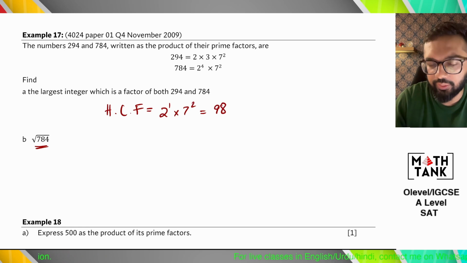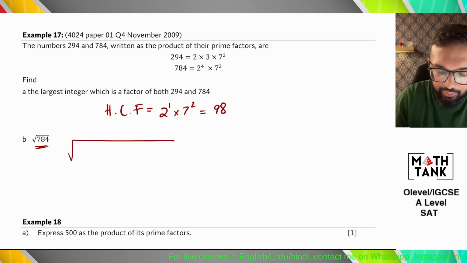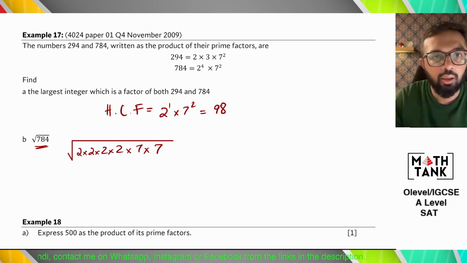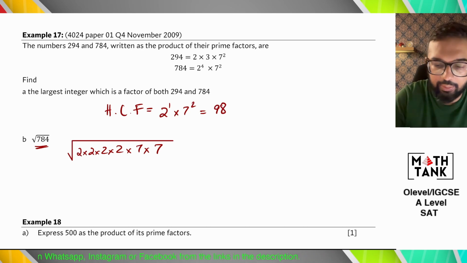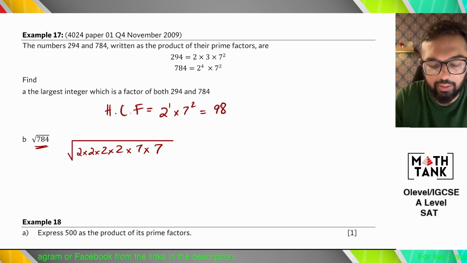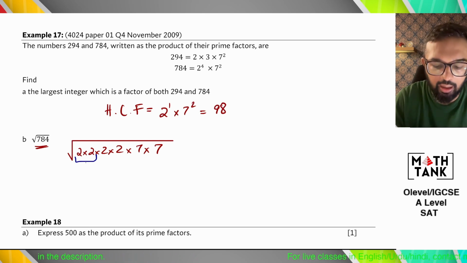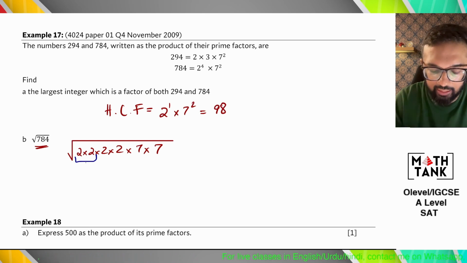Now, I don't know roots so far, but I know that 784 can be written as 2 times 2 times 2 times 2 times 7 times 7. Now remember that I told you that whenever you are square rooting something, every number should have a pair, and when they make a pair, they combine into one, become a single digit, and then come outside.